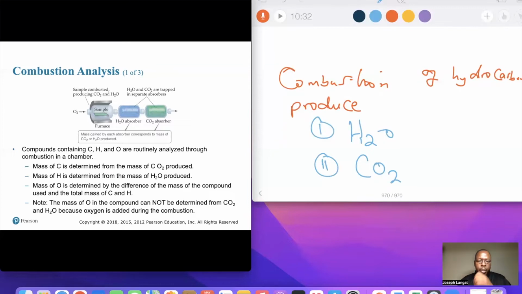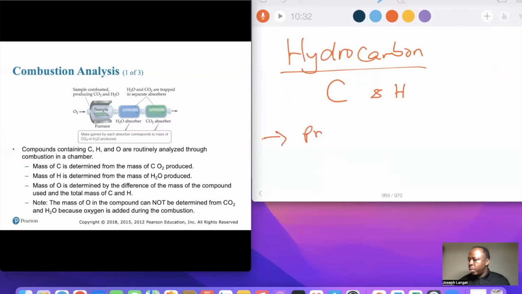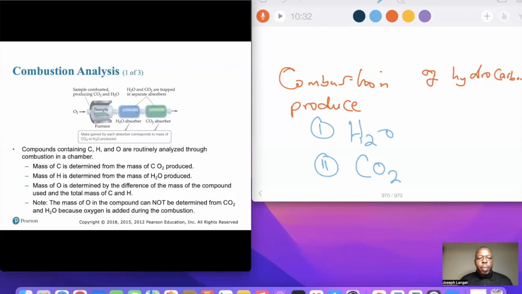So those are the two products from the combustion of a hydrocarbon, compounds containing carbon and hydrogen, and sometimes you may have oxygen or sometimes nitrogen. They will be specified. We'll analyze that and use it to do what? To determine the empirical formula of the compound from combustion.